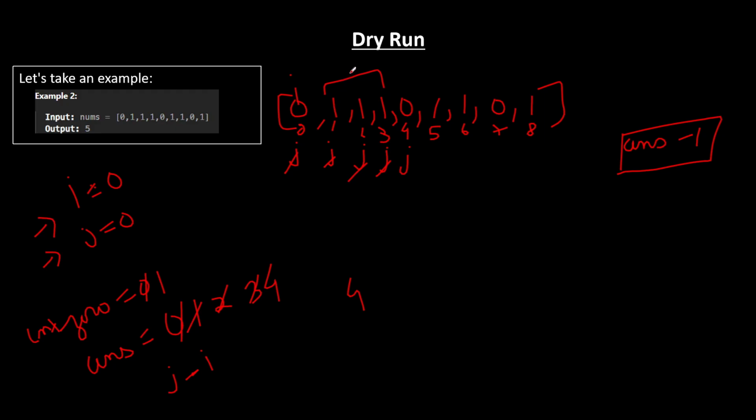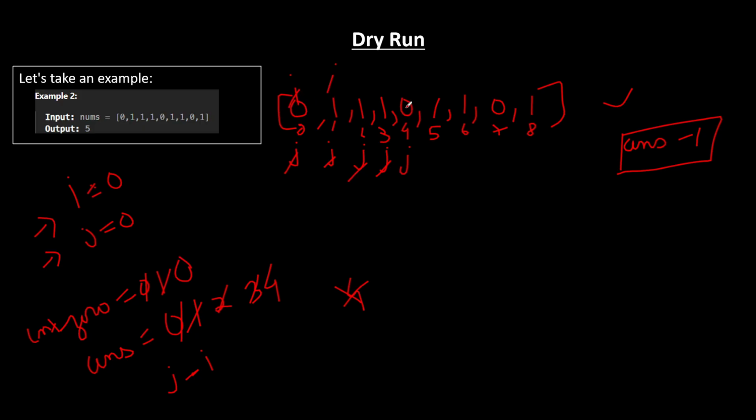That's why we were doing answer minus 1, if you remember, right? So we'll come to that part. But before that, let's do the dry run. Right now, our maximum answer is 4, right? And since i is also 0, we will decrement the count of 0 here to 0 and increment the i.